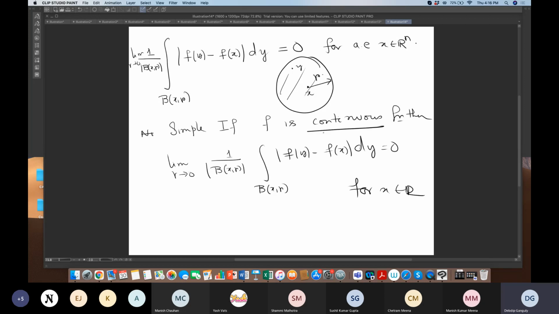Continuity implies it holds for all x. Can you immediately prove this for a continuous function? Anyone? Can you see the proof immediately? Why does this go to 0?